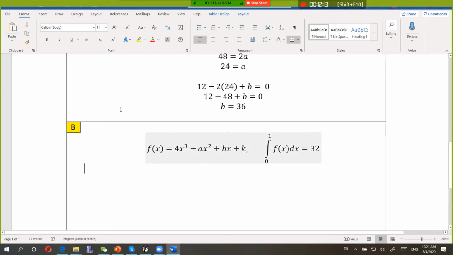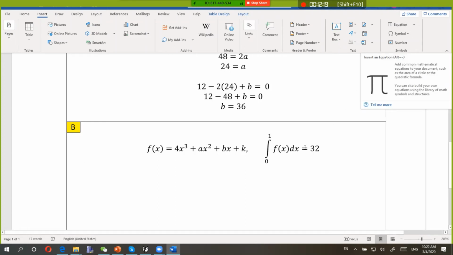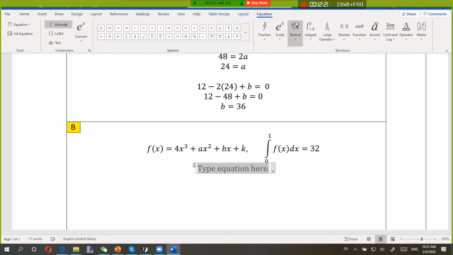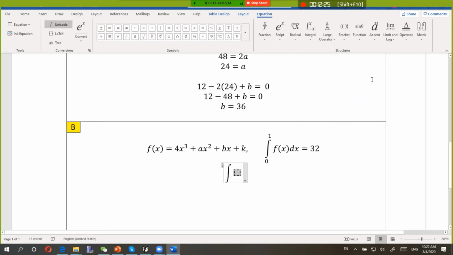So how can I integrate this? x to the fourth plus 8x to the third power. Okay, so if I divide by 4, that 4 will cancel.